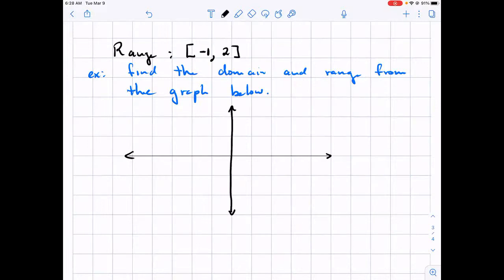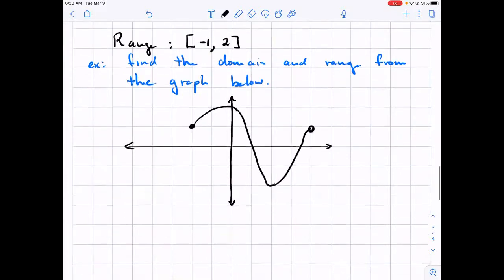So we have a solid dot here, and then that goes up there, comes down all the way over here, and let's say we stop here. So this is X, this is Y. Let's put in some numbers now. 1, 2. Actually, I wanted to pass through a point so we don't have to guess.